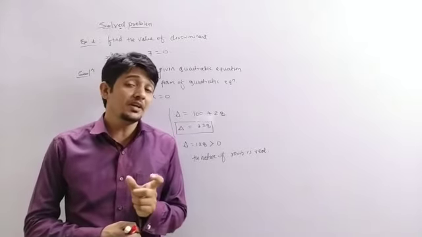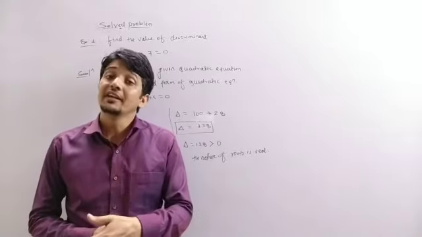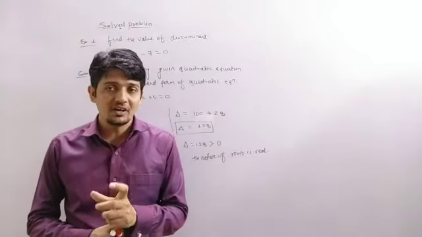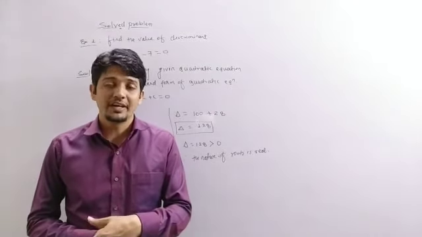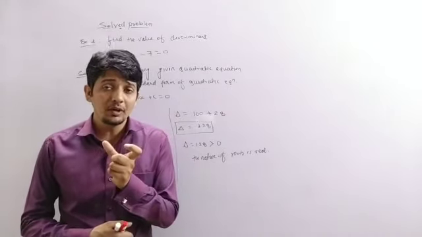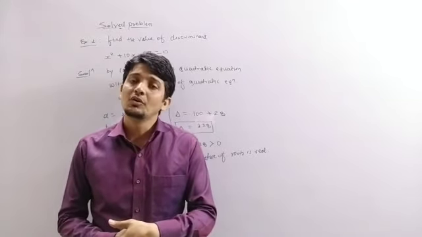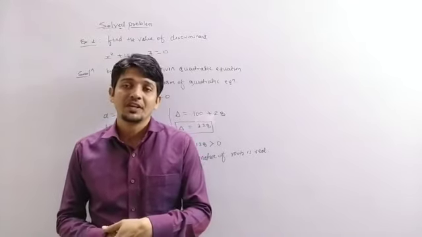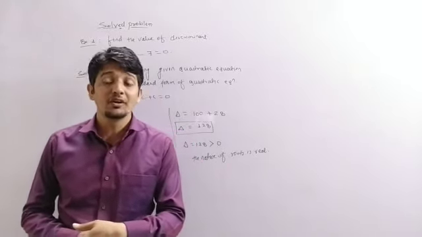If the discriminant's value is less than 0, that means values कैसे होगी? Negative होगी. Then we can say the nature of root is not real. So on the basis of positive value, negative value and 0 value, you can decide the nature of roots of quadratic equation. So on that basis you have to solve few problems which are given in your textbook.